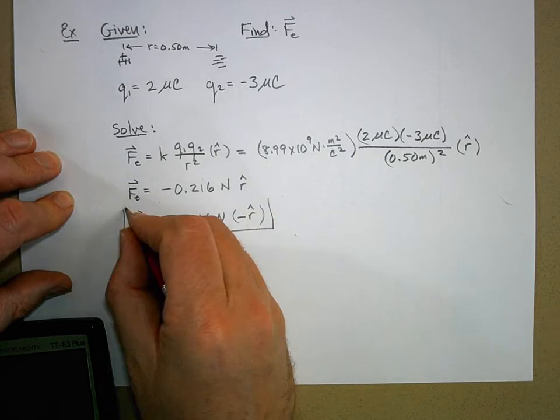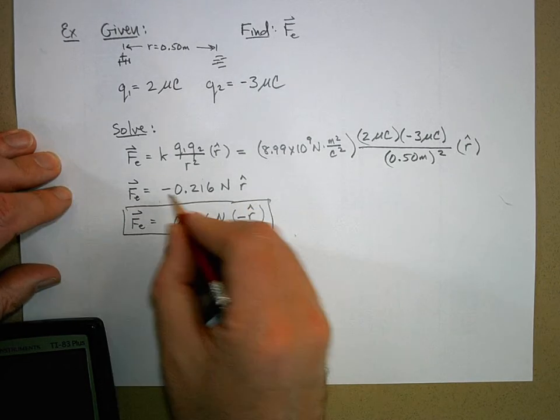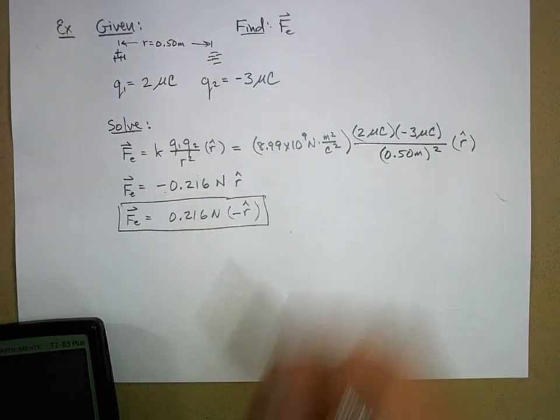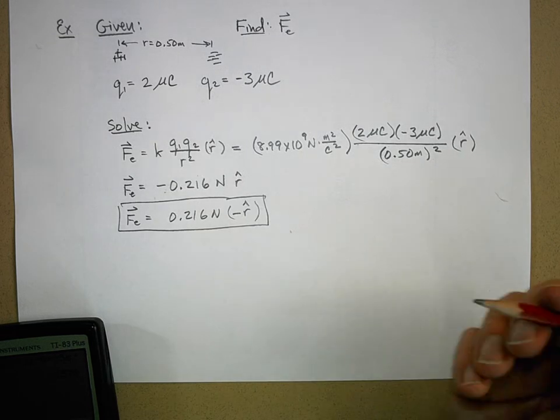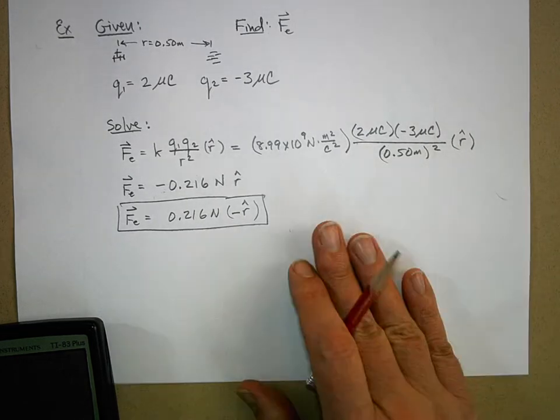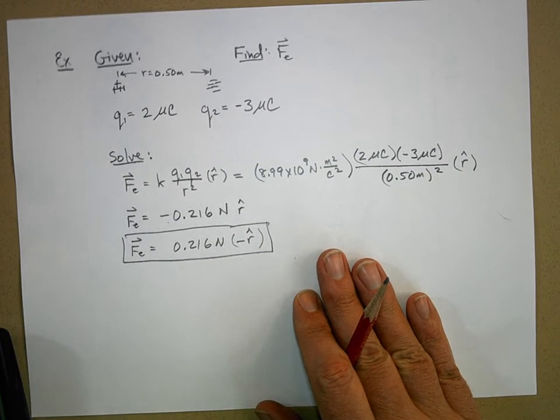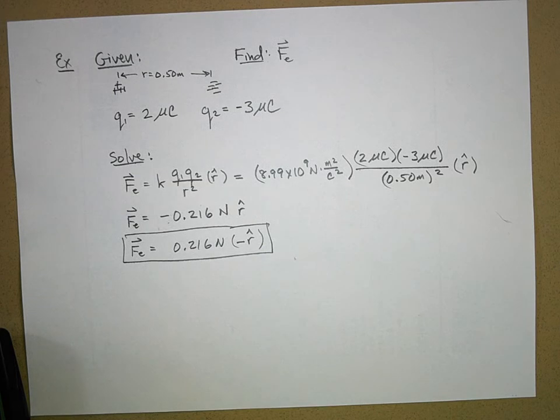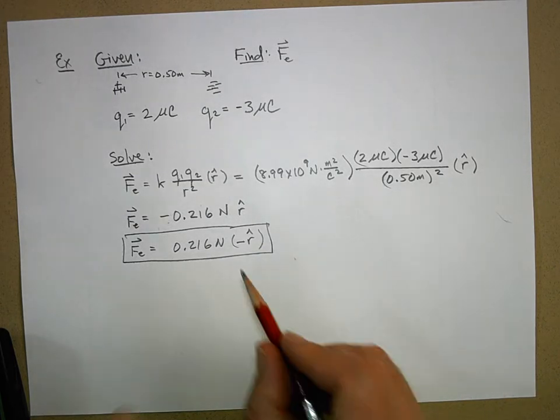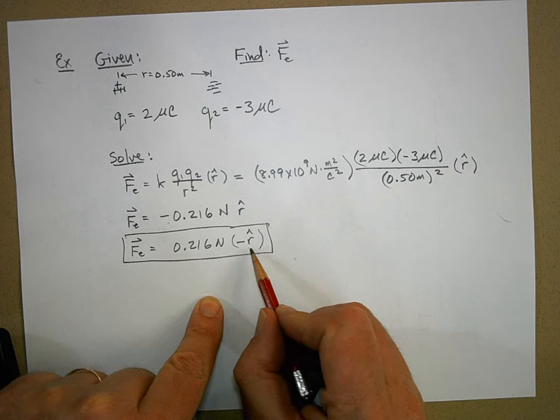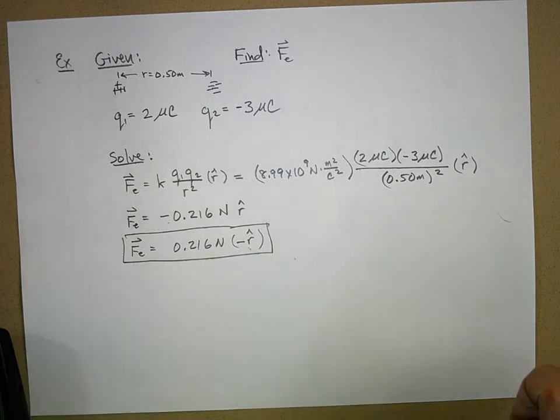I like to put that negative in here with the unit vector r hat, because what does it mean? What does that negative mean? Anybody? They're attractive. So if I define r hat to be repulsive, negative r hat is the opposite direction of that, which means it's attractive. They're trying to pull together.